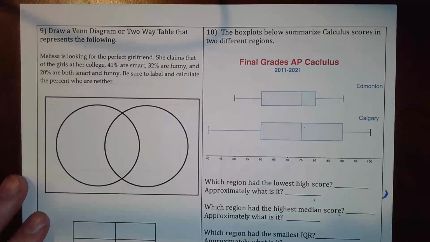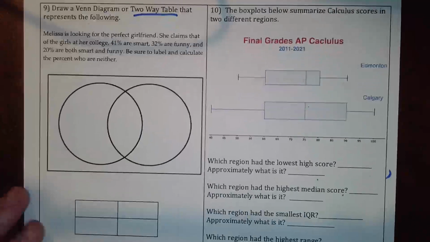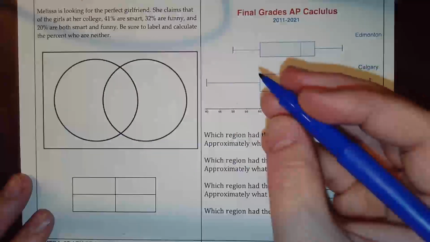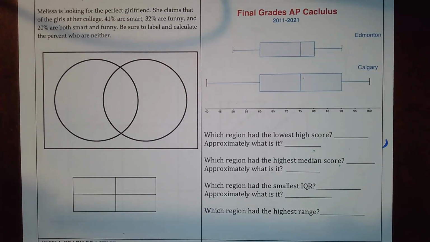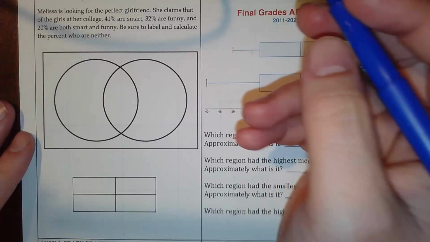So for this one, I'm going to go ahead and choose a two-way table because the two-way table is the one that is most popular for these tests. I'm going to label according to Melissa's survey.